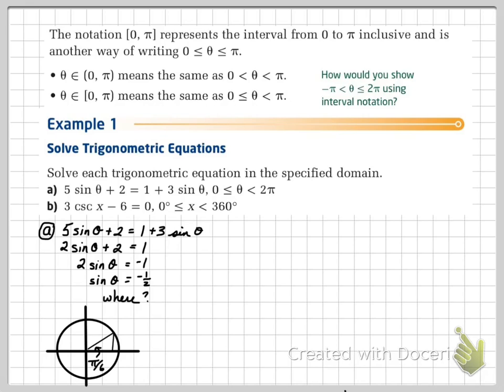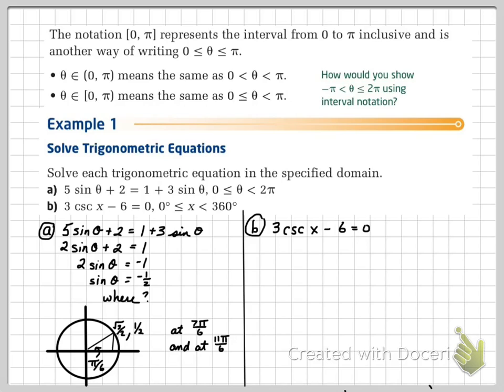And so where is that going to be negative? Well, it's going to be negative at 7 pi over 6 and at 11 pi over 6. Apply the CAST rule.